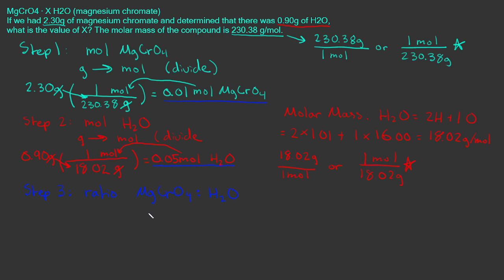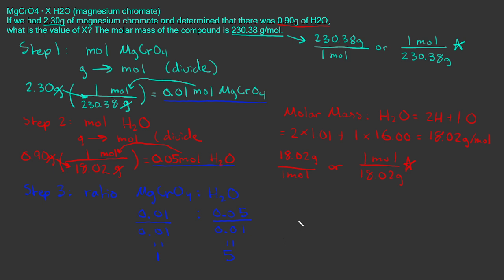So the ratio is 0.01 to 0.05. Our job is to find a whole number ratio between these two things. The easiest thing to do is find whichever one is smaller. 0.01 is smaller, so you divide both of these numbers by that. Dividing by 0.01, this is equal to 1 and this is equal to 5, right? So we know our ratio between our compounds is 1 to 5.